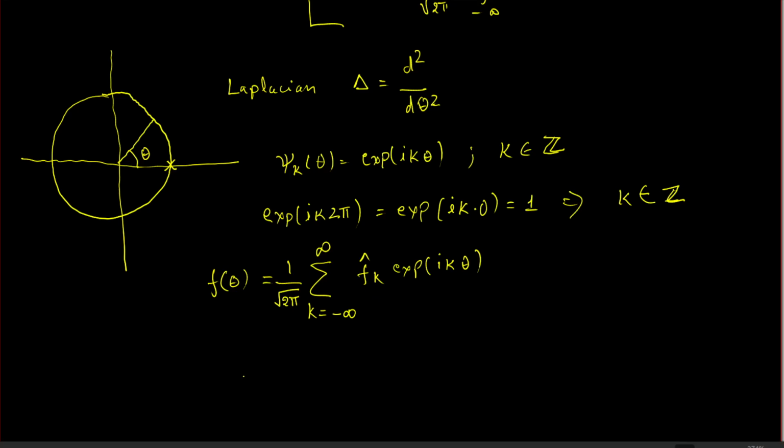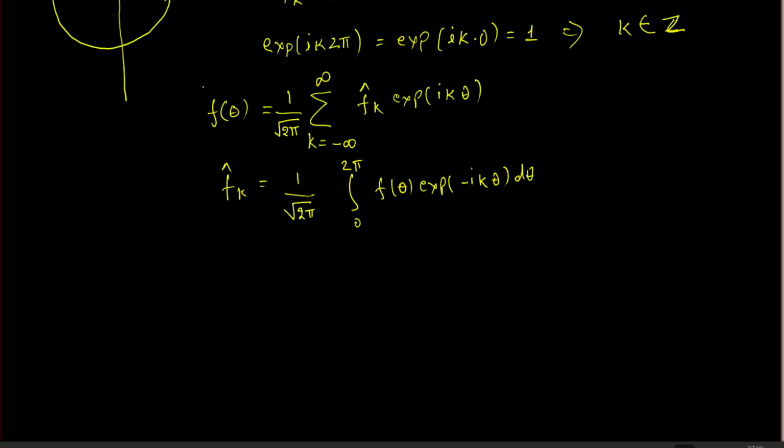and these coefficients f cap k are called Fourier series coefficients or Fourier transform. In this case they are given as 1 by square root 2 pi, integral from 0 to 2 pi of f(theta) exponential minus i k theta d theta.